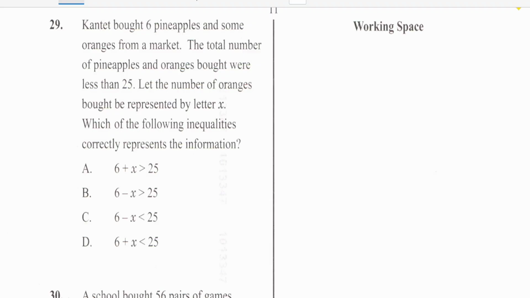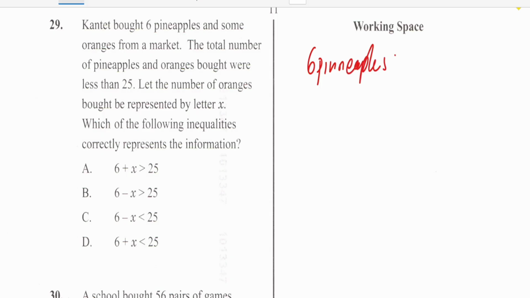Question 29. Kantai bought 6 pineapples and some oranges from a market. The total number of pineapples and oranges bought was less than 25. Let the number of oranges be represented by letter X. Which of the following inequalities correctly represents the information? So he bought 6 pineapples and some oranges. So pineapples were 6, and the total number of pineapples and oranges bought was less than 25.